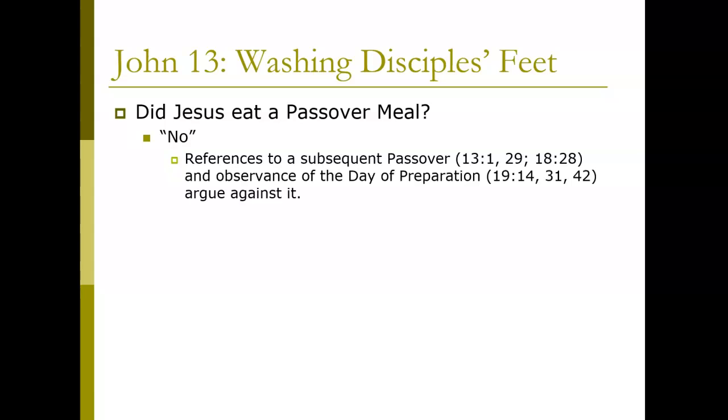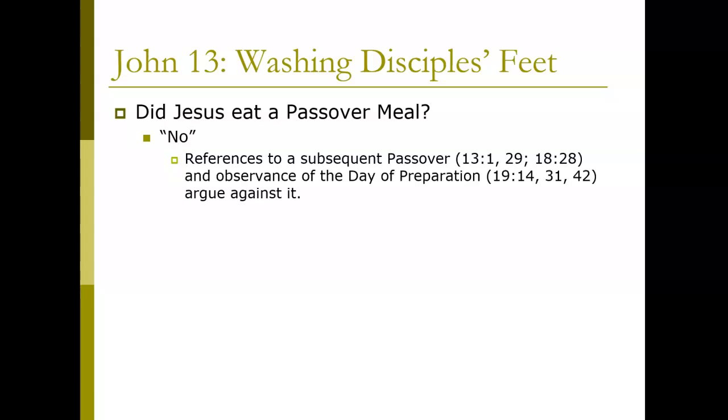And then we have this evening meal that was in progress. So it's not at the Passover yet. And so there is references in chapter 19 to concern about the day of preparation for the Passover.